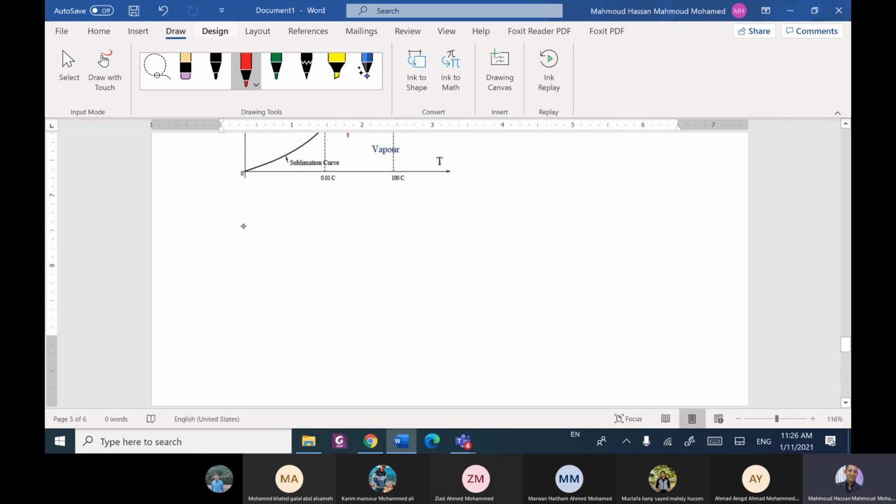To calculate the TF, it equals the number of moles of ions times negative 1.86.